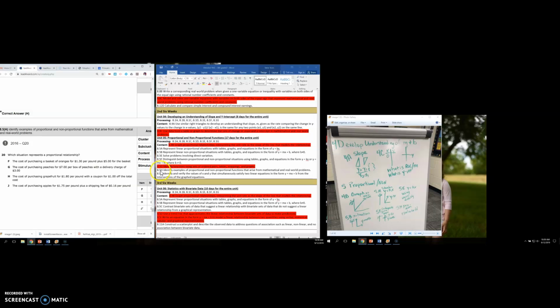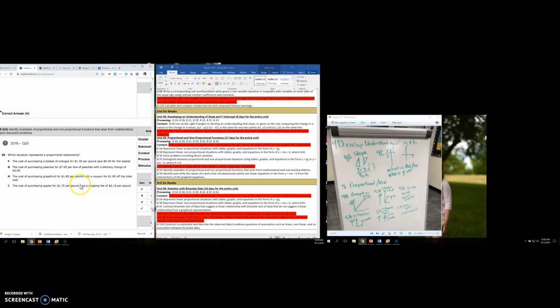There are 2 other TEKs that we have not talked about that sort of can be taught in isolation, and that's identifying functions as a set of ordered pairs, tables, mappings, and graphs. So now that you've talked about whether something is proportional or non-proportional, let's talk about when it's neither.